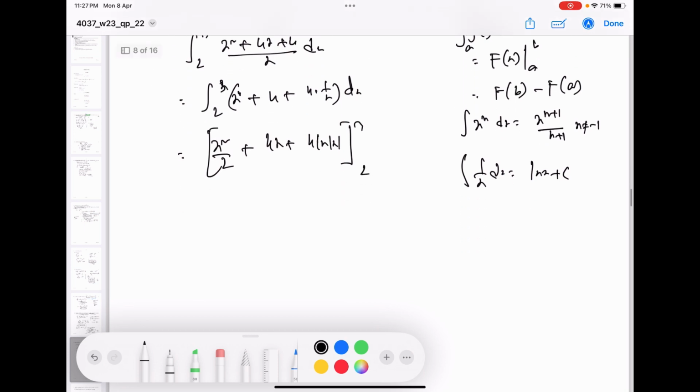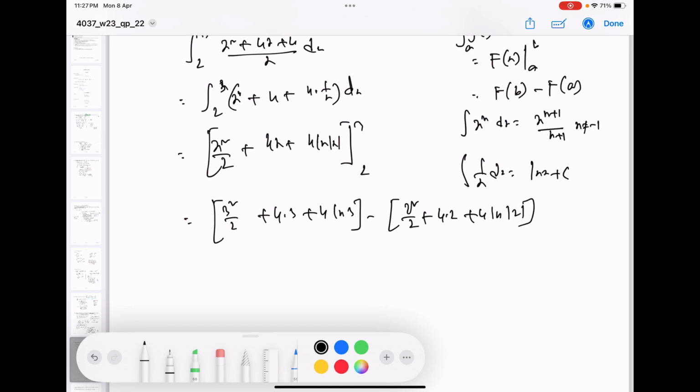Now let me substitute the values: 3 squared by 2 plus 4 times 3 plus 4 ln 3, minus 2 squared by 2 plus 4 times 2 plus 4 ln 2. Now simplify: 9 over 2 plus 12 plus 4 ln 3, minus 2, minus 8, minus 4 ln 2.